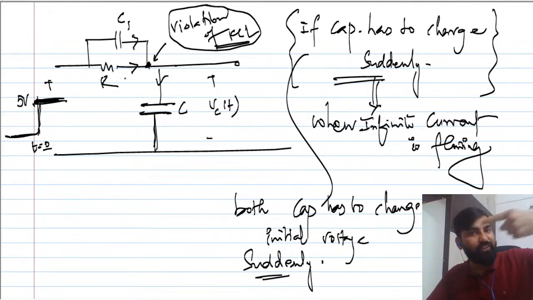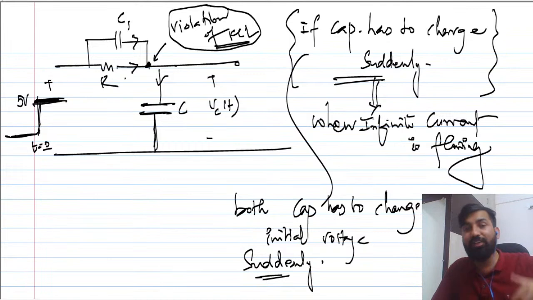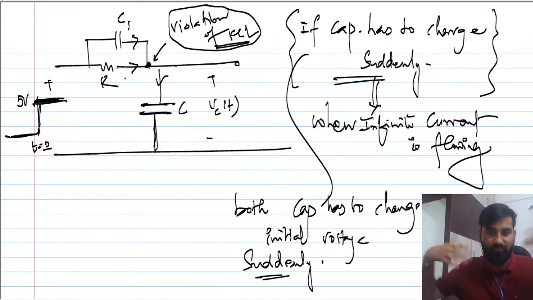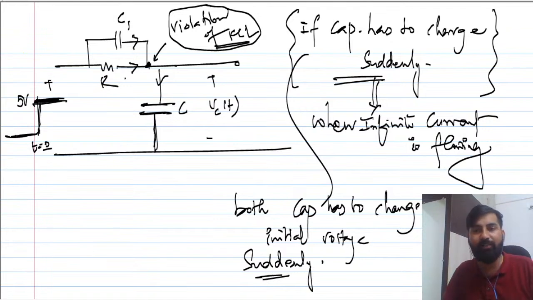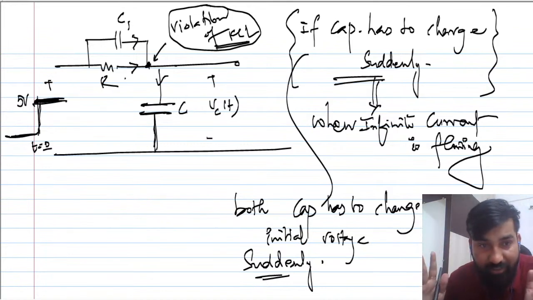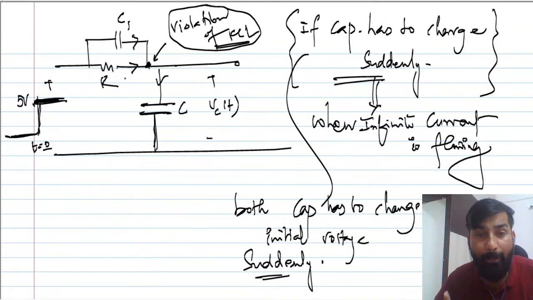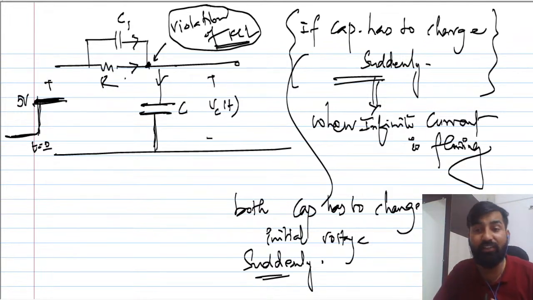C1 से finite current flow होगा, C से infinite current flow होगा, क्योंकि C is saying that initial voltage will change suddenly, और R से भी finite flow हो रहा है, तो finite equal to infinite. Is it possible guys? Tell me, is it possible? It is not possible guys, because KCL will get violated, ठीक है.